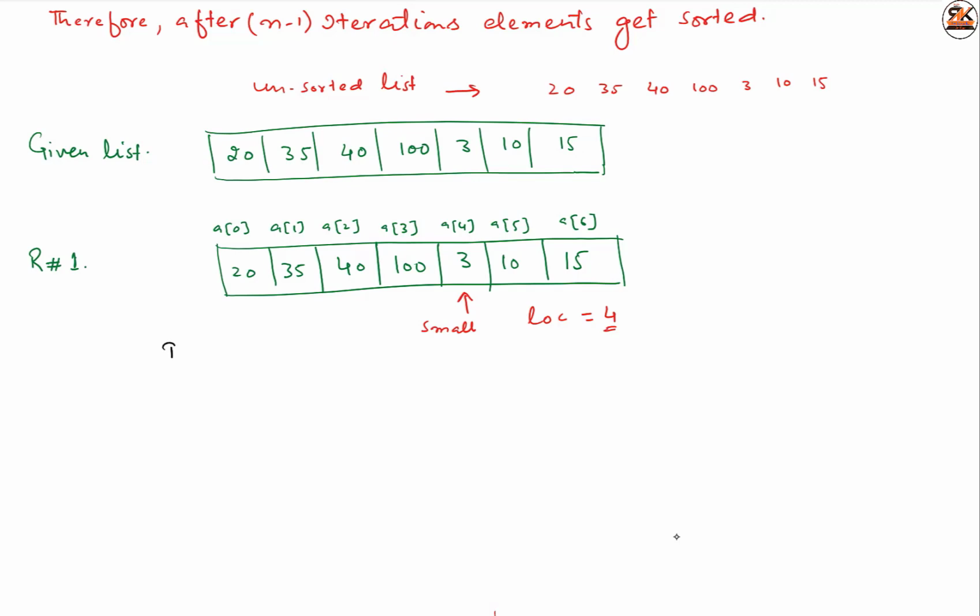So we interchange elements a0 and a4, that is we are interchanging 20 and 3, and after interchanging we are going to get another list. That we will see in round 2.